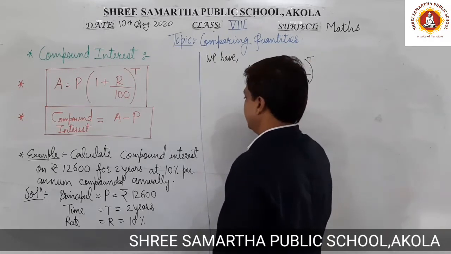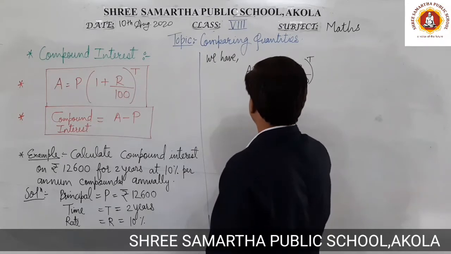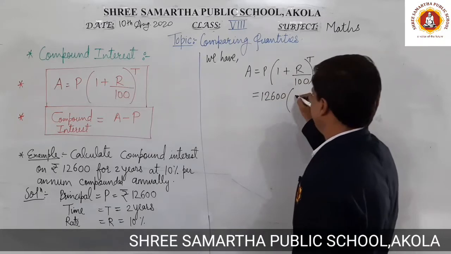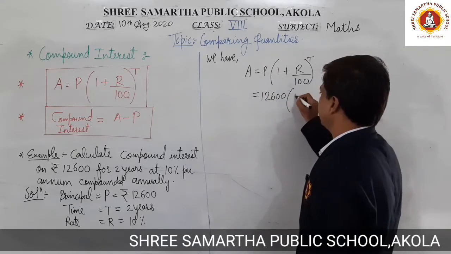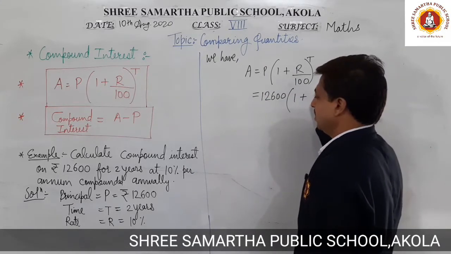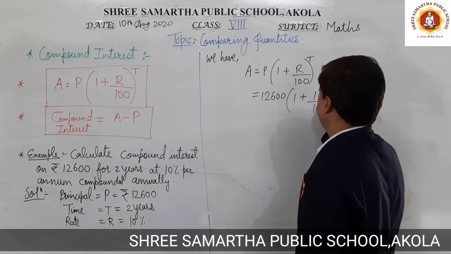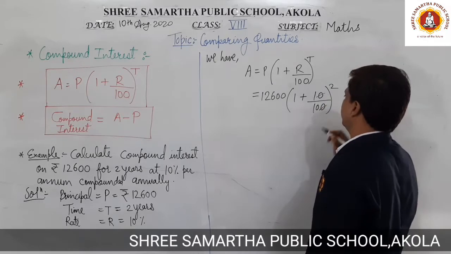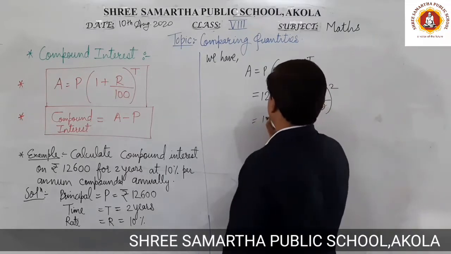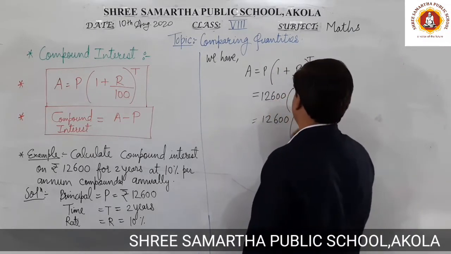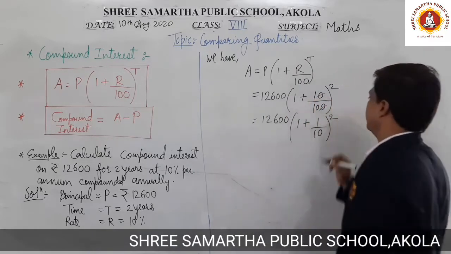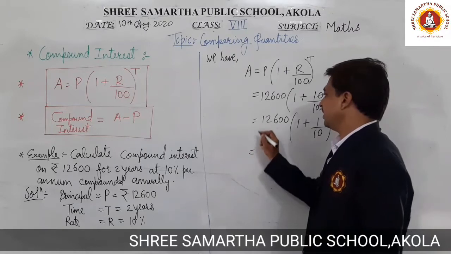So we will get 12,600 into 1 plus R, rate is 10%, by 100 and the time is 2, raised to the power 2. Now this 0 0 cancel. Now we will get 12,600 into 1 plus 1 by 10 raised to the power 2.